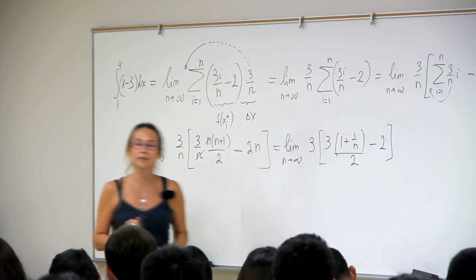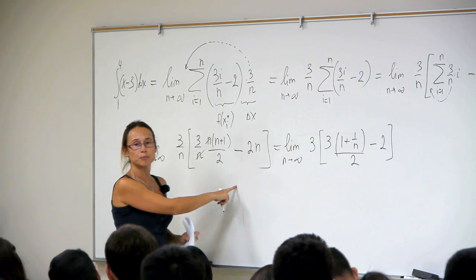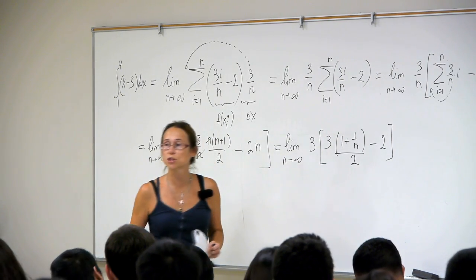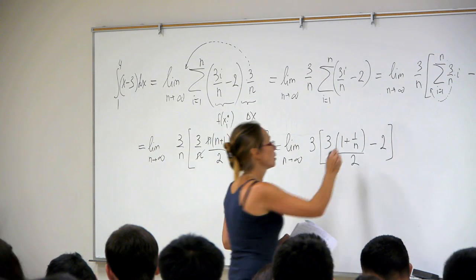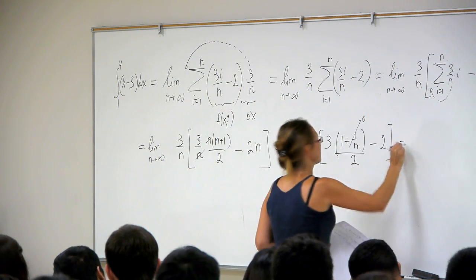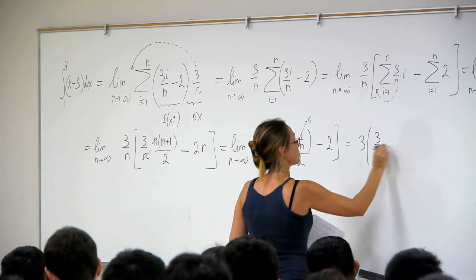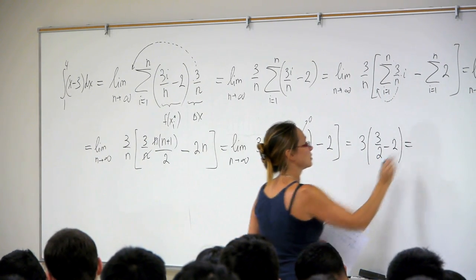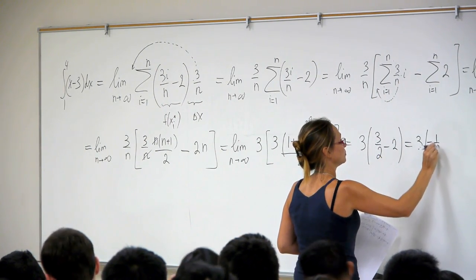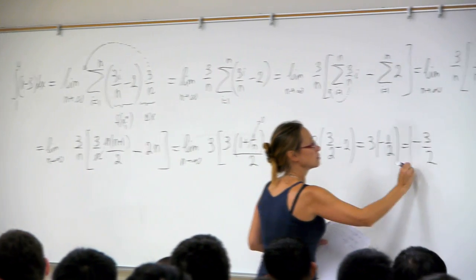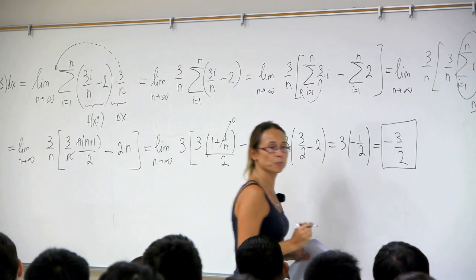And now I can take the limit. I do this in order to take the limit. Now the limit is easy, because 1 over n goes to 0 as n becomes large. So I have 3 times 3 halves minus 2. So this is the answer I get.